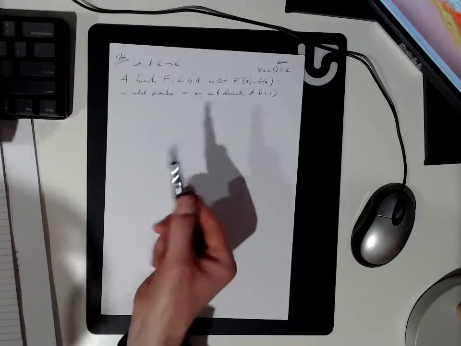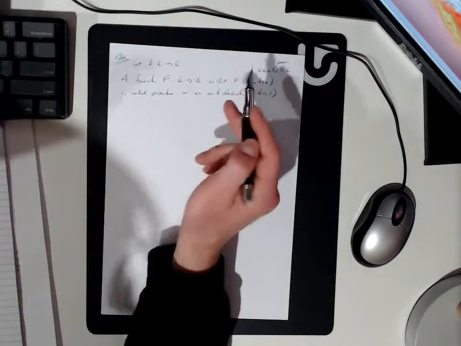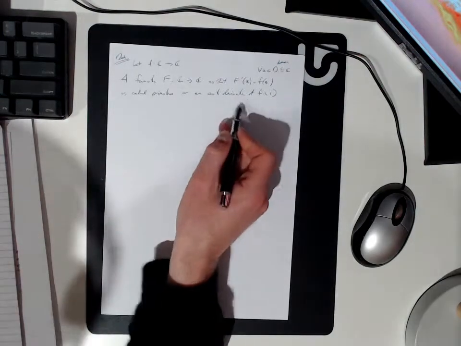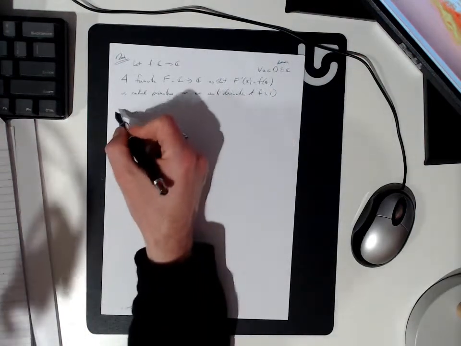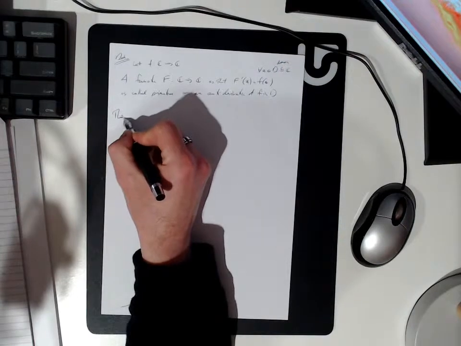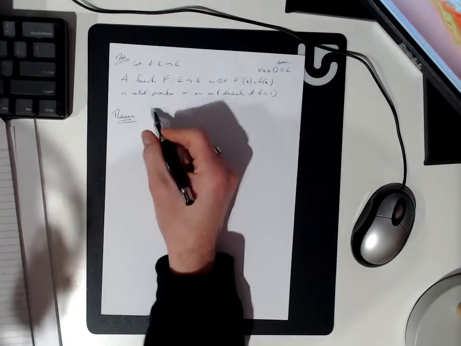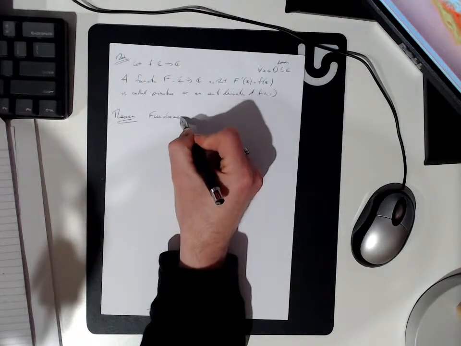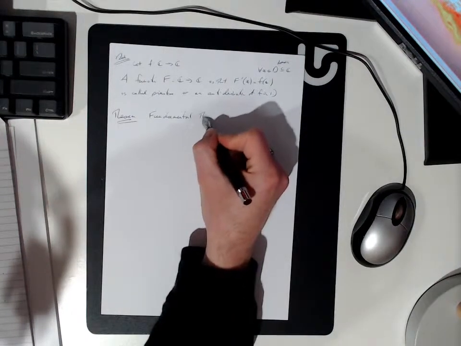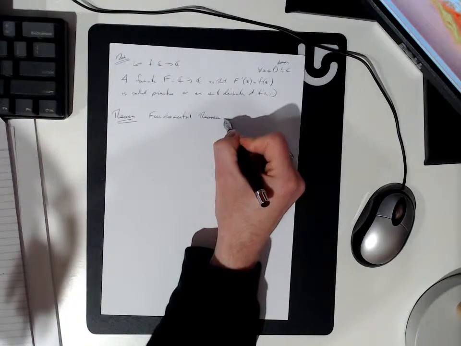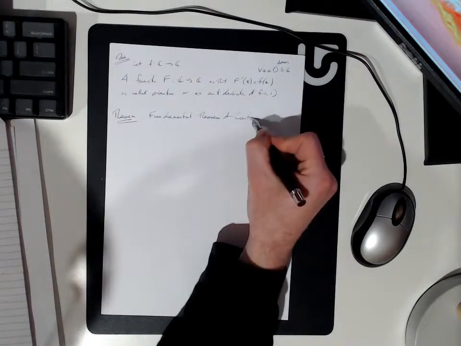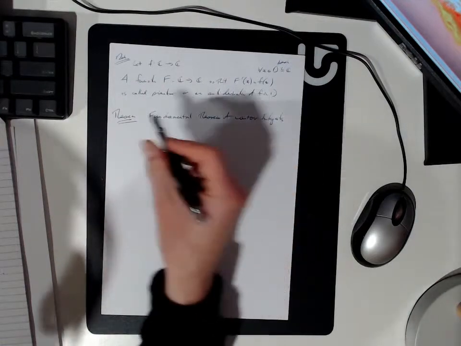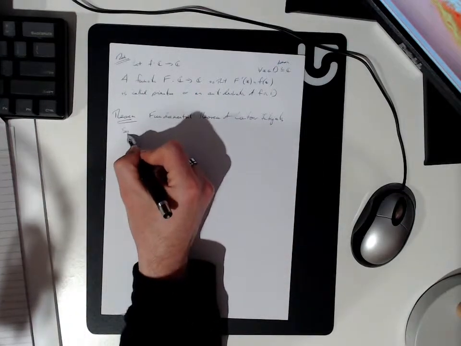So yeah, antiderivatives. You've seen them before in real analysis, or integrating things. So this brings us to a very important theorem, the fundamental theorem of contour integrals.